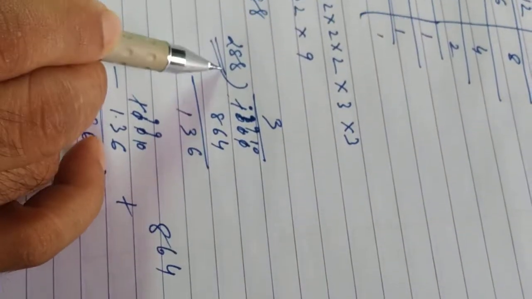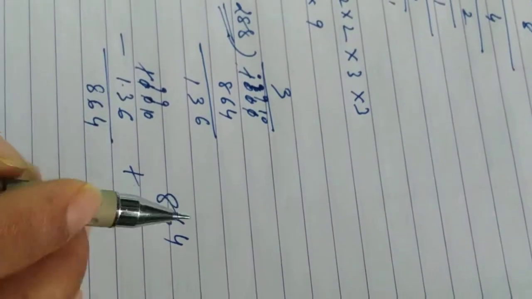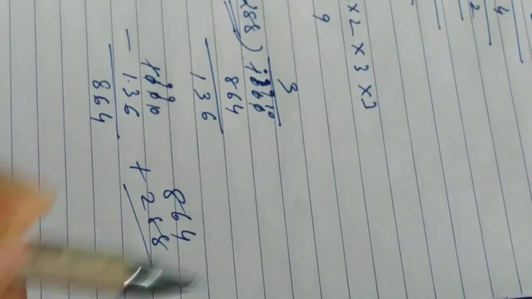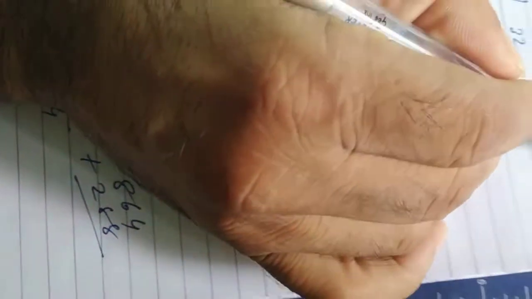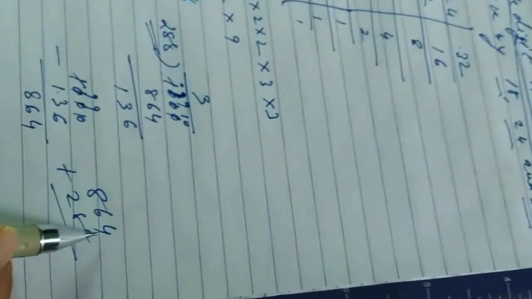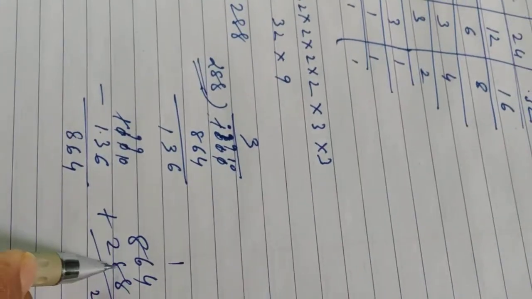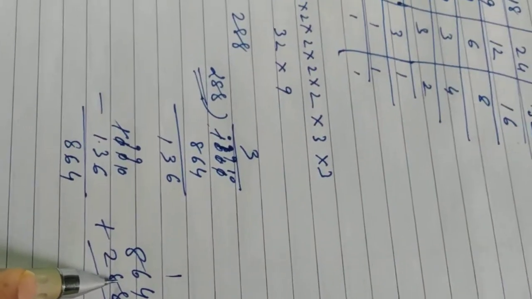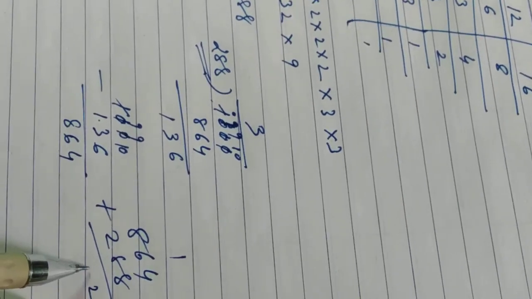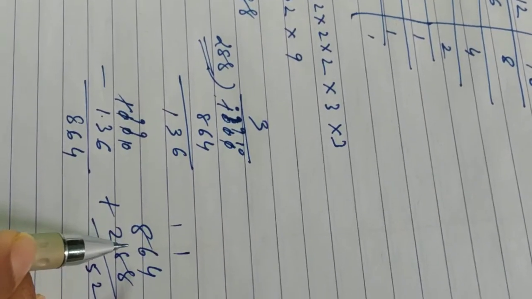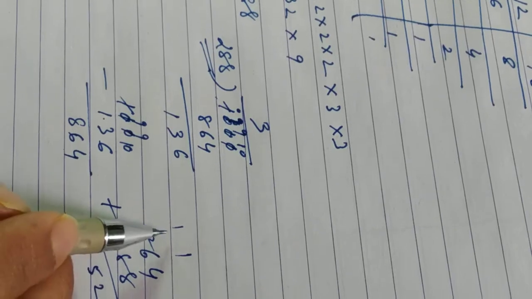288. 288, because what is required? A 4-digit number. Which number do we require? 4-digit. So 4 plus 8, 12. So 2, 1, 6 plus 8, 14 plus 1, 15. So 5, 1, 8 plus 2, 10 plus 1, 11.